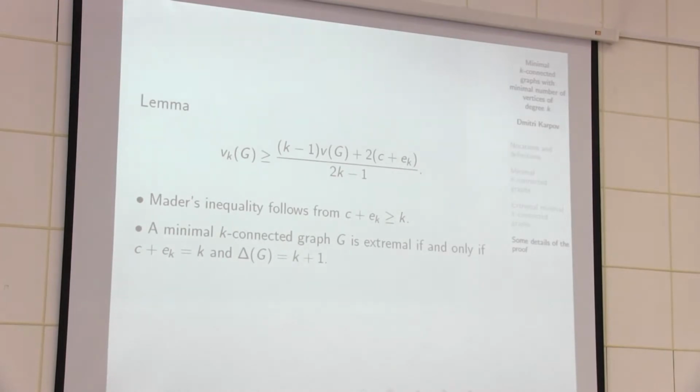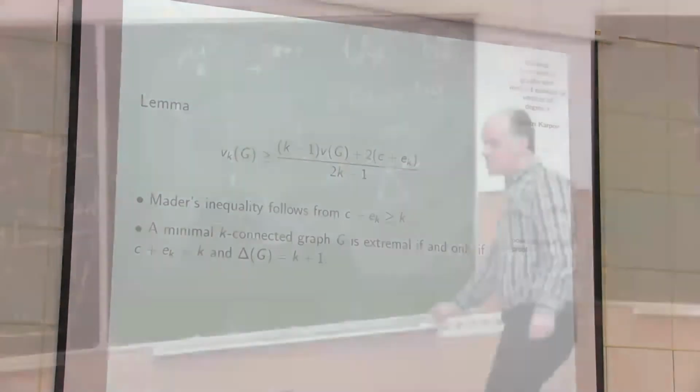And here is a simple combinatorial inequality. Let C be the number of connected components of the graph G k plus 1, and E k is the number of edges between two vertices of degree k. Then we can estimate the number of vertices of degree k in such a manner. This proof is very easy, very simple.